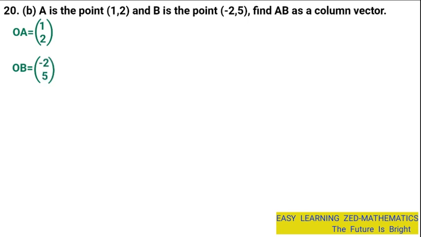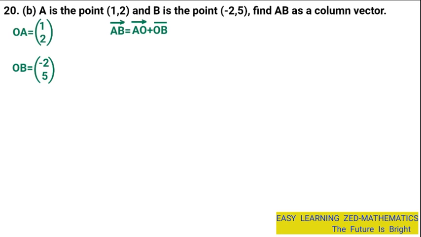Okay, once I've done that, the next thing I'm going to do is write the expression to find the column vector. So I'm going to write AB is equal to, I'm going to swap OA, it will be AO, then plus OB, so OB will be maintained like that.